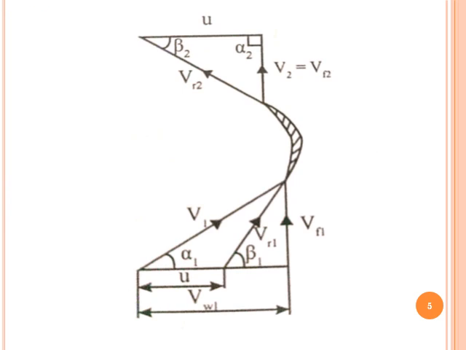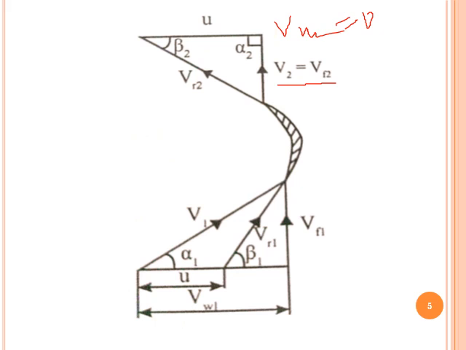Now this is the velocity triangle for the given conditions. Here 1 represents the inlet velocity triangle and 2 represents the outlet velocity triangle. The given condition is that the discharge is radial, or there is no whirl velocity at exit, so V_u2 is equal to 0. With that alpha 2 is equal to 90 degree and V2 is equal to Vf2.